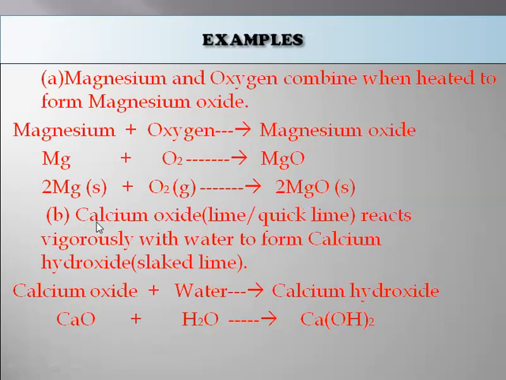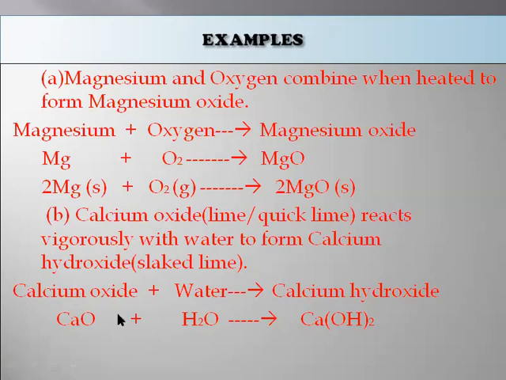Second example, calcium oxide, which is also known as lime or quicklime, reacts vigorously with water to form calcium hydroxide or slaked lime. Word equation will be calcium oxide plus water gives, as an arrow, calcium hydroxide. Formula equation will be using the formula of each and every entity.